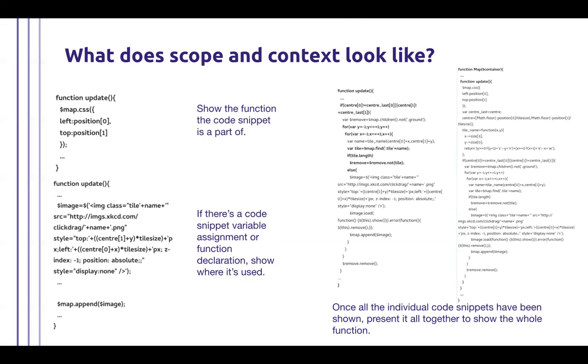Now, the last part is that once a learner understands all those small scoped exercises, learners need to be able to piece together how everything fits together as a whole by seeing a large scoped exercise. For example, in the next exercise, we see the image and append image within the scope of the if statement. And then the exercise next to that has the entire code for the update function, which includes the map.cs snippet, the image and append snippet, and the if statement.